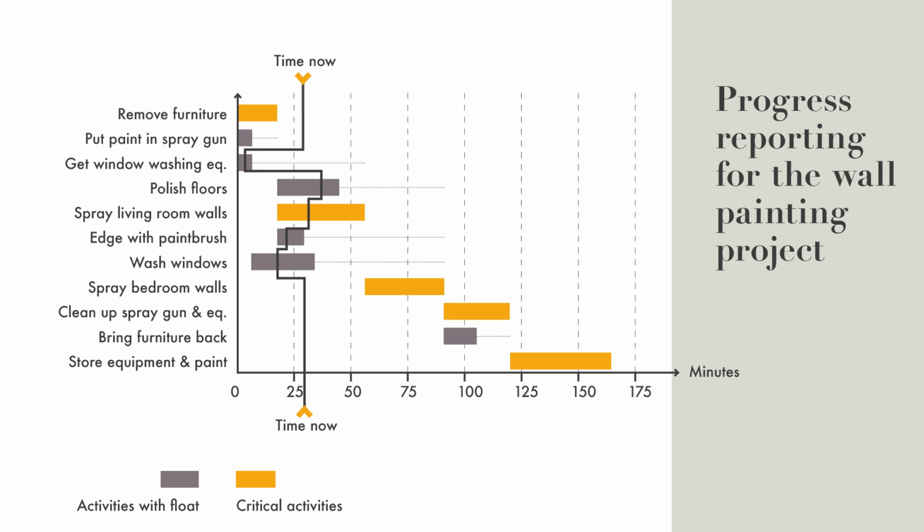So the project has progressed 30 minutes. And we can see from this picture that some activities like polishing floors are ahead of time, and some activities like getting window washing equipment, which are non-critical activities, are now scheduled at the very earliest possible start in this particular Gantt chart.